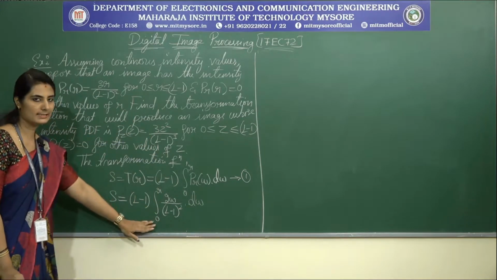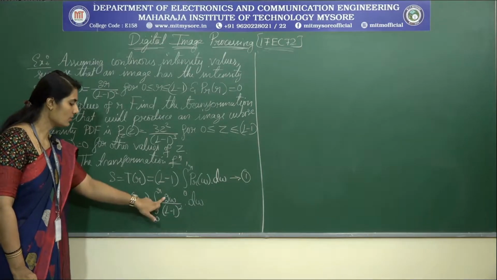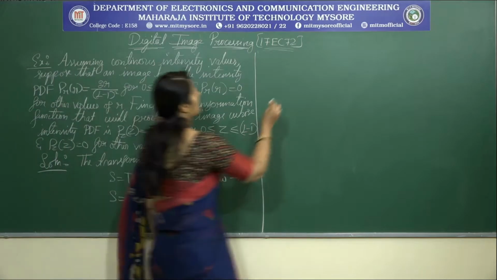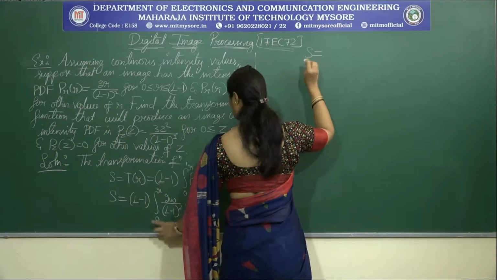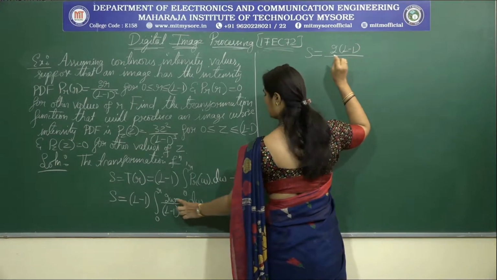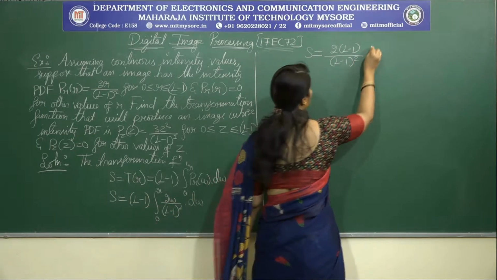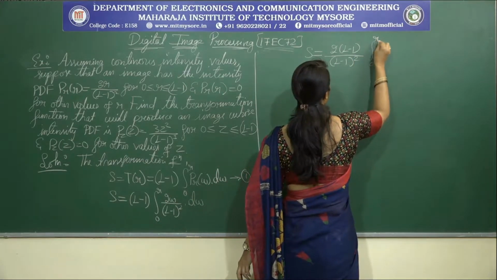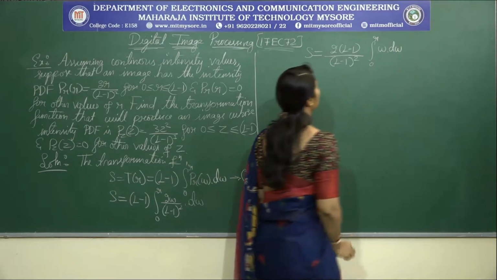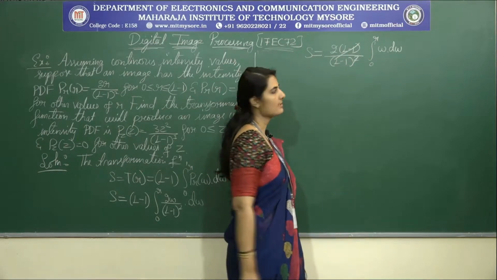Now simplifying this expression, taking the constant terms outside. Here the constant terms are 2 and the denominator term. So S is equal to L minus 1 into 2 by L minus 1 whole square, the constant terms outside the integration, integral 0 to R W dW. So this term cancels, okay.